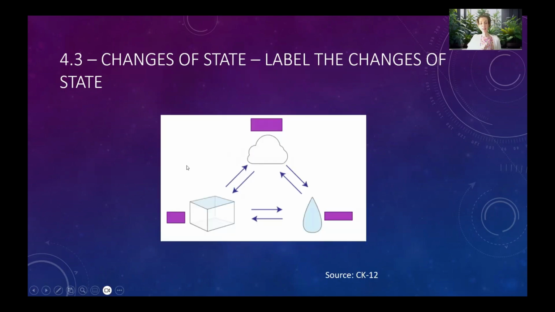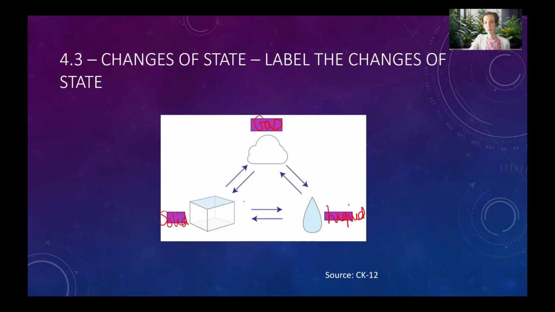All right, let's see if we can label this. Here, we're calling this a gas, and this is a solid, and this is a liquid, right? So if we're going from a solid to a liquid, what is that?